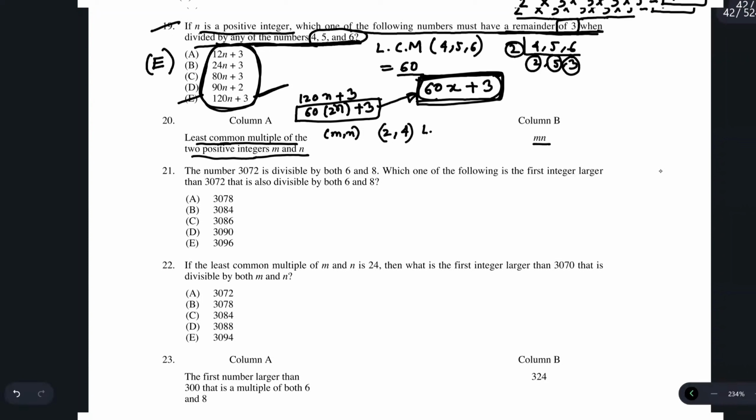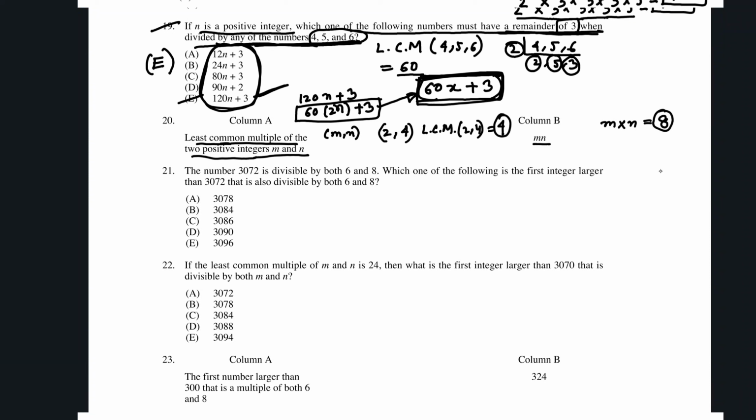So the LCM of these two numbers, 2 and 4, would be 4, because 4 is the least number that is divisible by both 2 and 4. And m times n, 2 times 4, is 8. Here we can see that column A, 4, is smaller than column B, m times n.